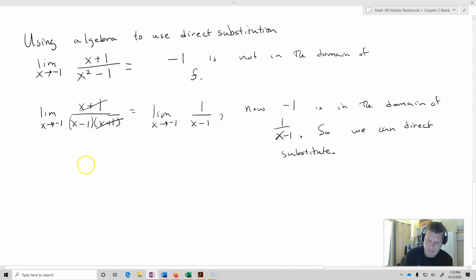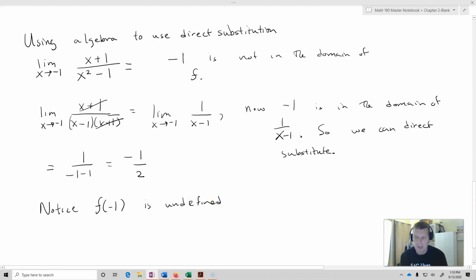So this limit is then going to equal 1 over -1 minus 1, which equals -1/2, which is what we came up with before. Notice f of -1 is undefined. If you plug -1 into f, x plus 1 over x squared minus 1, you're still going to get an undefined statement, 0 over 0.